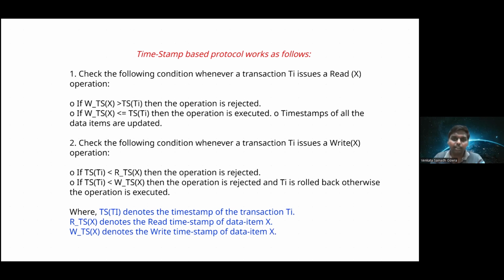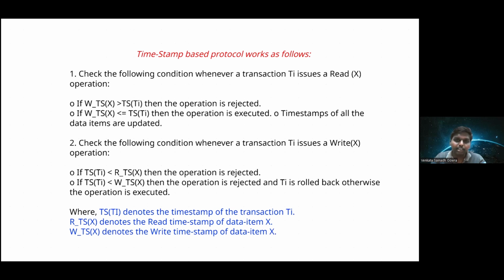In the next sequence, we see the write timestamp compared with the timestamp of the transaction; here too the operation is rejected, and the transaction is rolled back to before the change. Otherwise, the operation is executed. That is, before you perform any write operation, it can be rolled back and the next timestamp can be denoted.